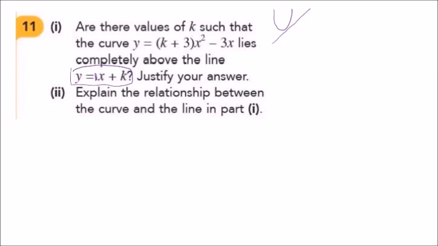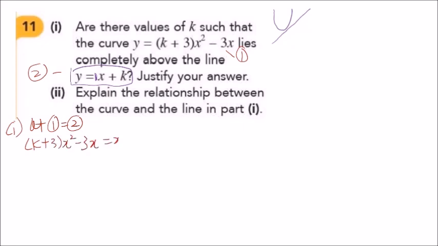So what we're going to do is the same thing as we have done earlier on. Call this equation 1, this equation 2, and form an equation in terms of x. We're going to let 1 equal to 2, and put everything on the left hand side.